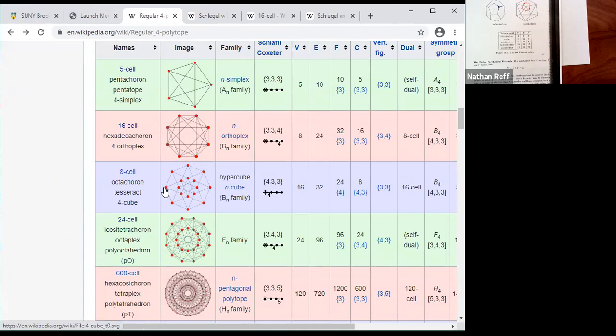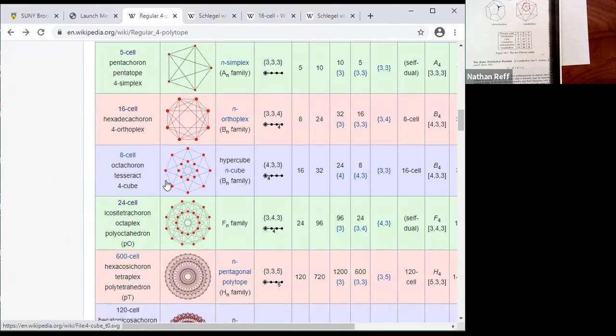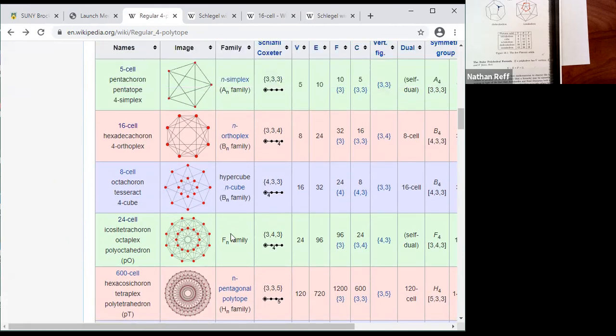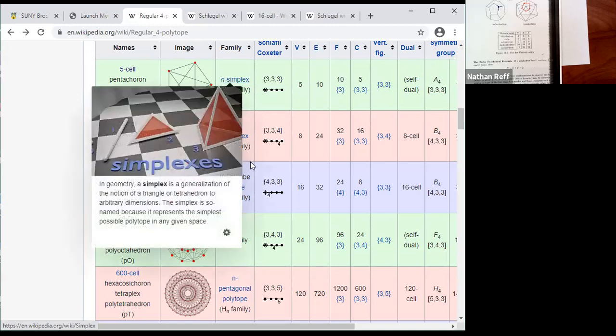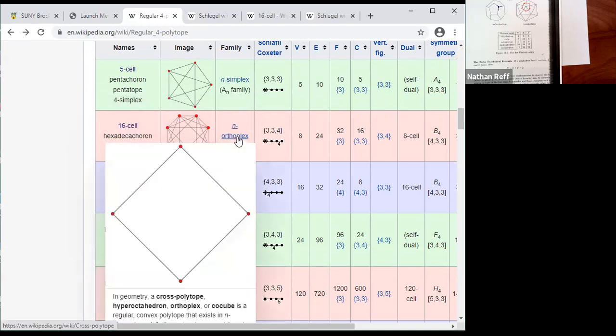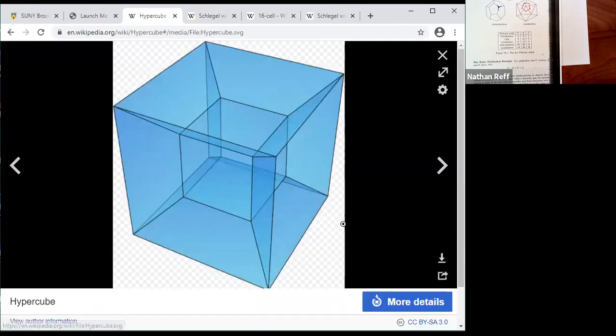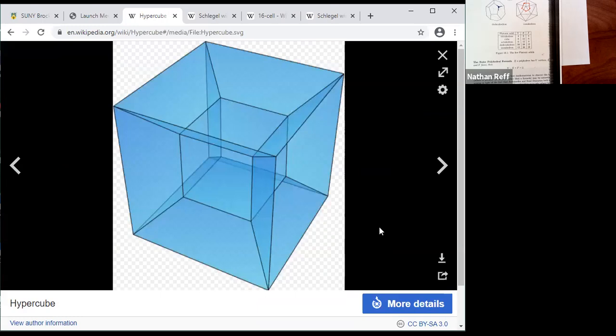But I think as soon as you go up 1 more dimension, dimension 5 and above, and you try the same thing, you end up with only 3 family types. You only end up with the simplex, this cross polytope, the orthoplex, and the hypercube. That one's not terrible to look at. Like this one, do you see that each chamber is a cube?